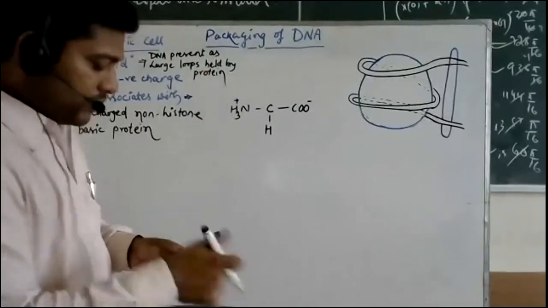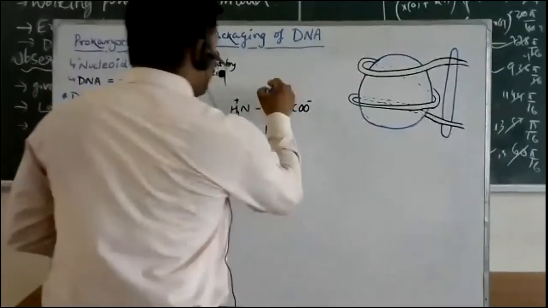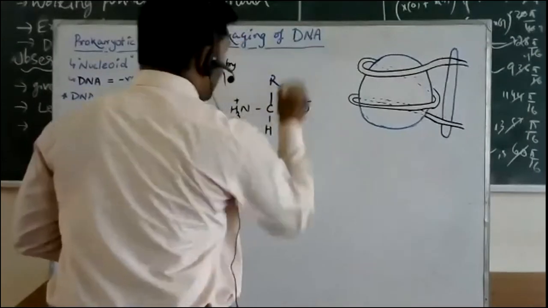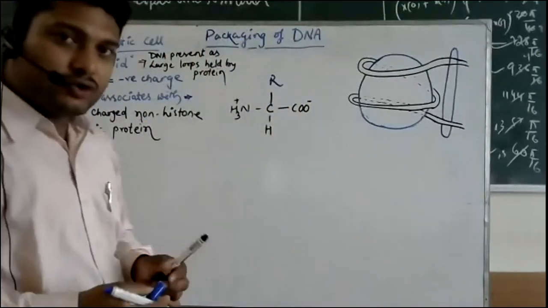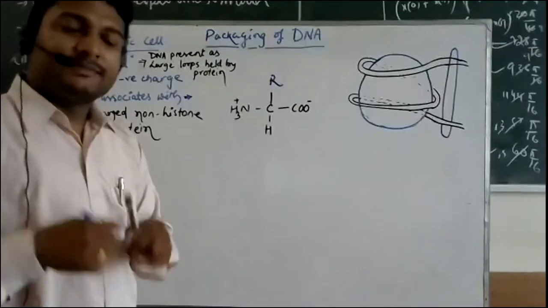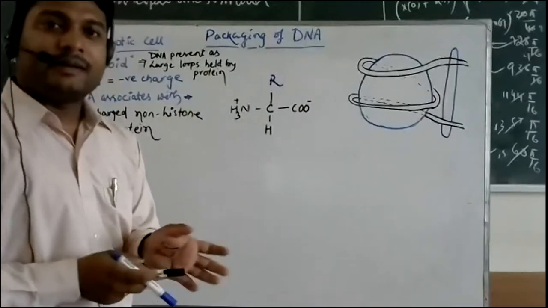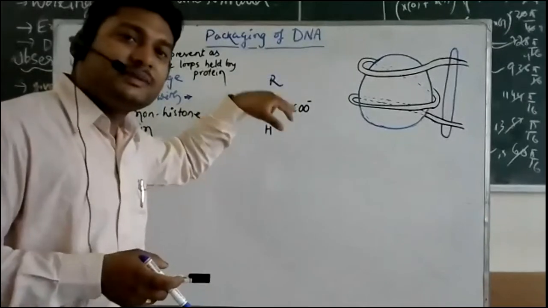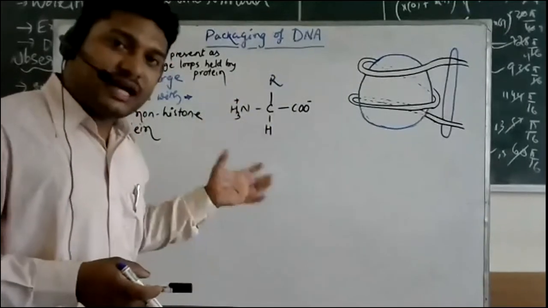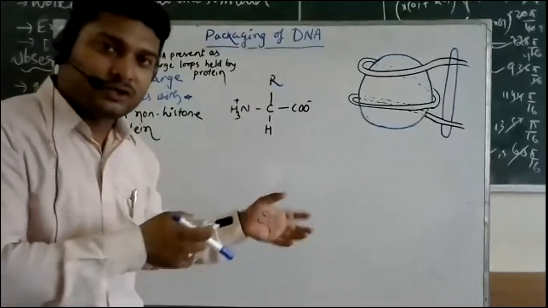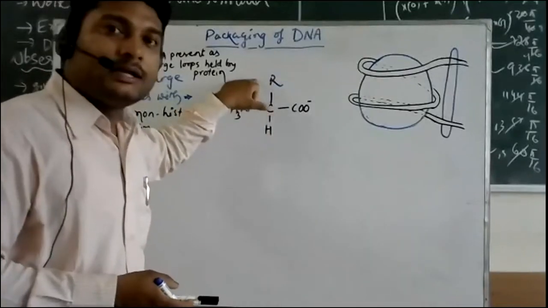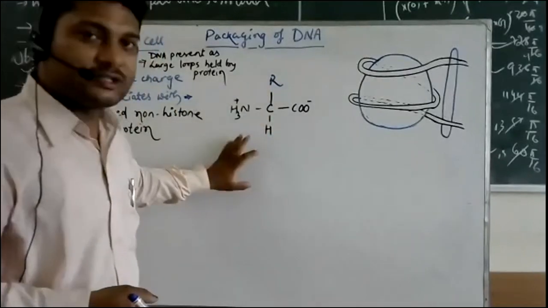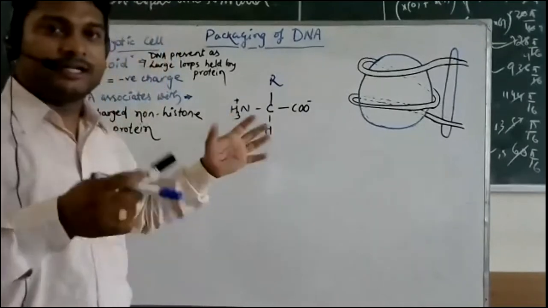More importantly, we are going to have an R group, and this R group can be a simple hydrogen, or it can be an aliphatic chain or aromatic structure. Based on this R group, or the functional group that we have in the R group, the property of the amino acid is going to be decided.